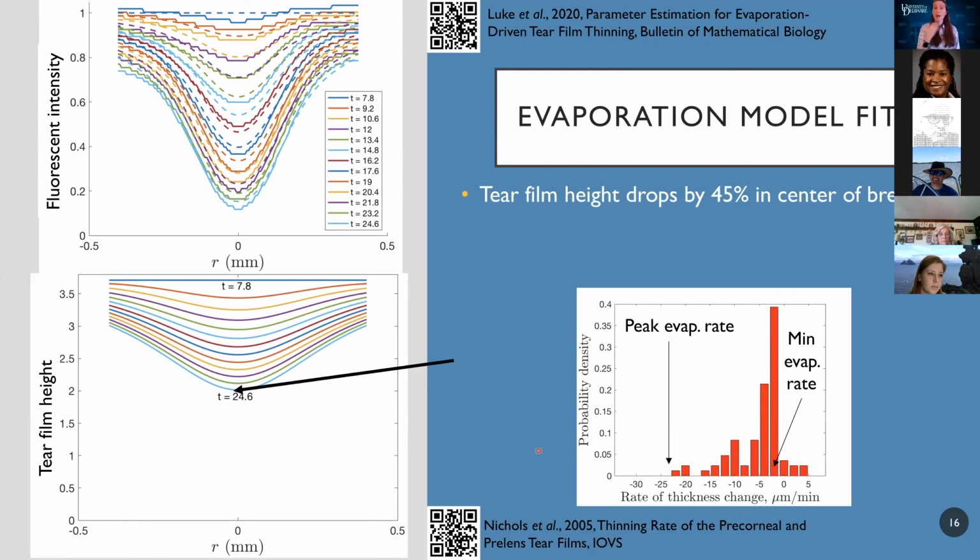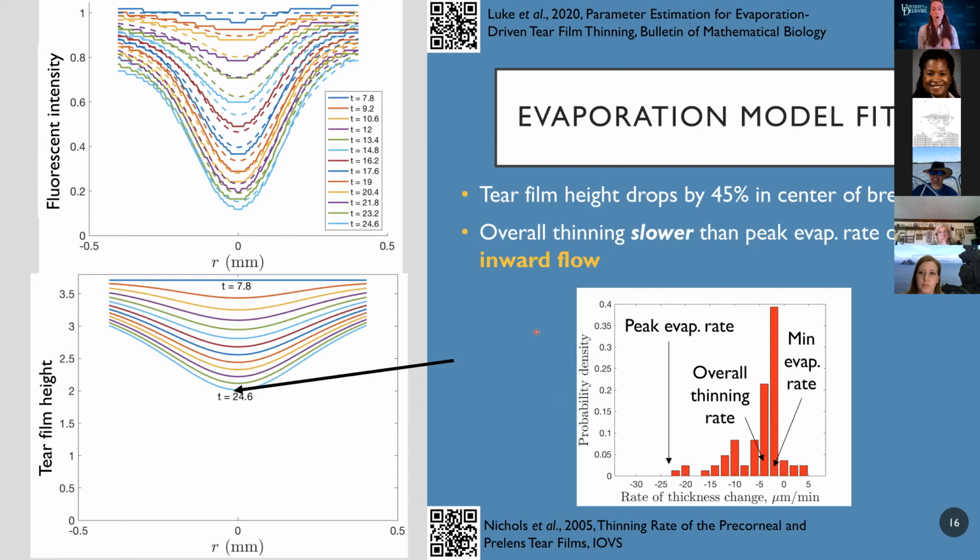Okay, they were not looking for breakup in particular, and they could not separate evaporation from the other effects. So here's our peak evaporation rate and our minimum evaporation rate. And they're close to this distribution, but I mentioned they're not an overall thinning rate. So our overall thinning rate falls very solidly within this distribution. So that's a good check that our procedure can find physically relevant quantities.